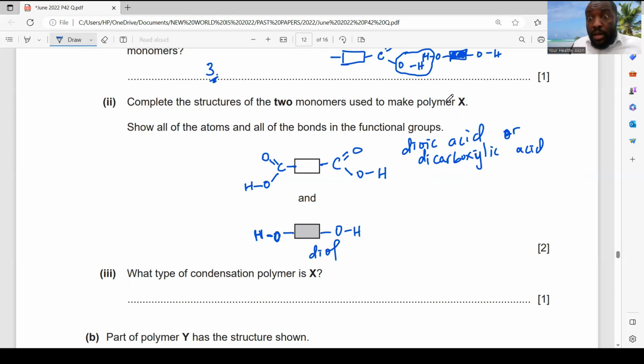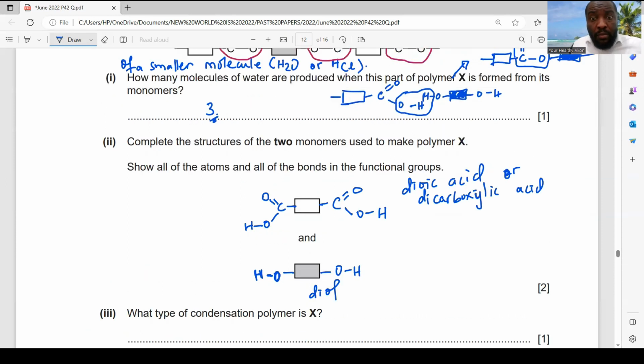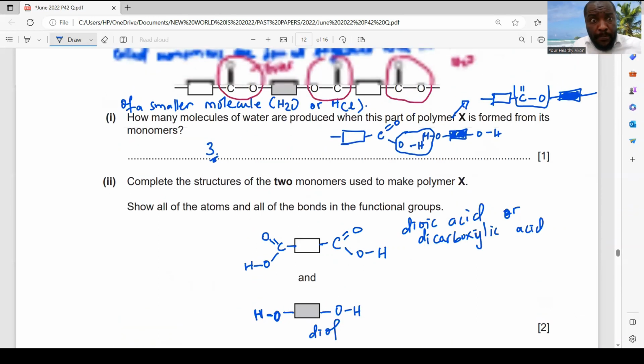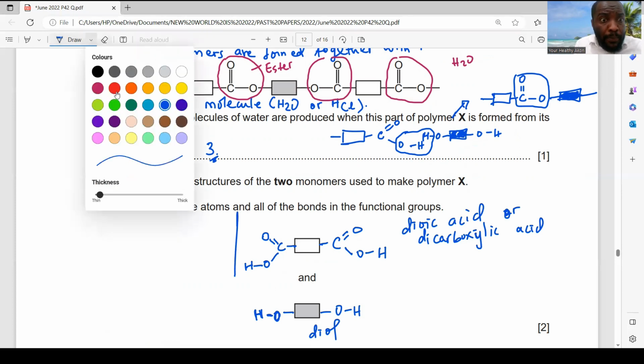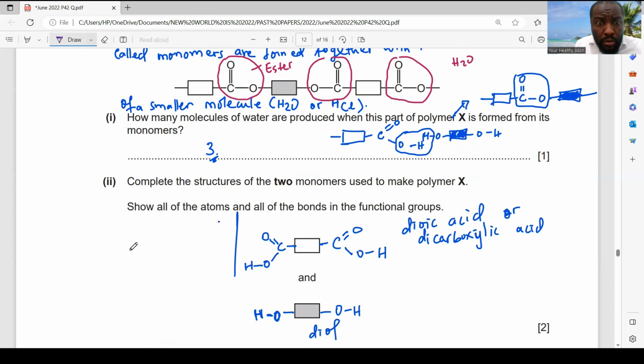You could also have another monomer there. Instead of a dicarboxylic acid, sometimes you will find a diol, right? Let me use a different color. Let me take a violet pen.